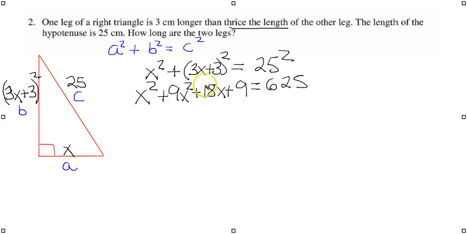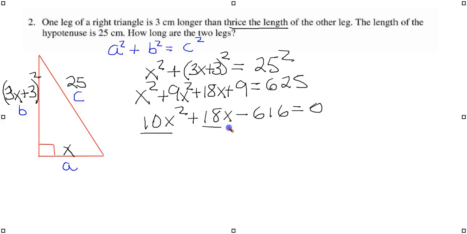All right, now we have to put this in standard form. So I combine these two, get 10x squared. This doesn't change. I subtract now 625 from the 9, and I get a negative 616.